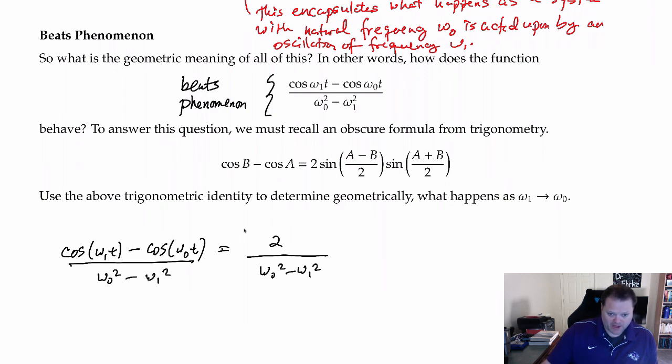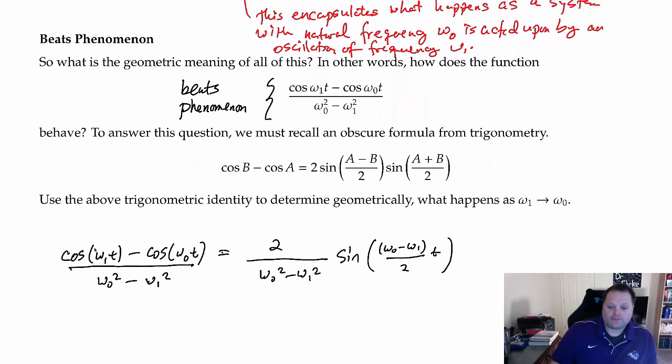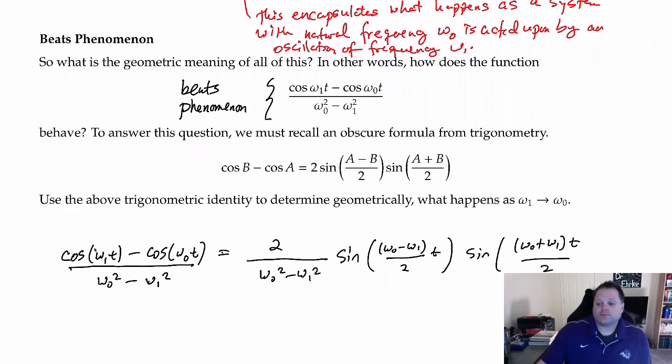Omega 1 is b, omega naught is a, well, omega 1 t, omega naught t. So a minus b would be omega naught minus omega 1. So this would be sine of omega naught minus omega 1 divided by 2 times t. And then next would be adding them together would be omega naught plus omega 1 divided by 2.